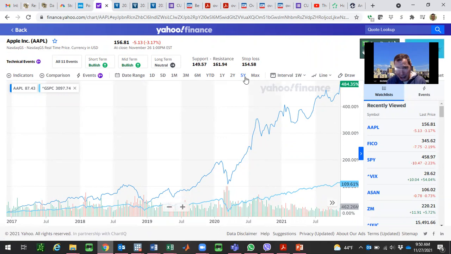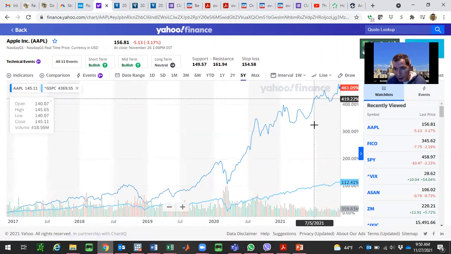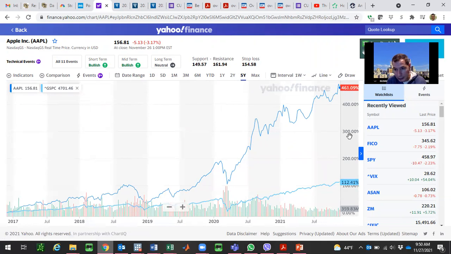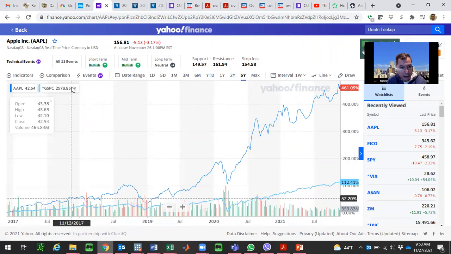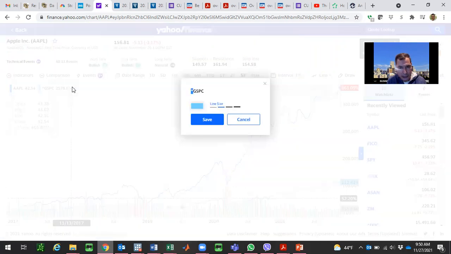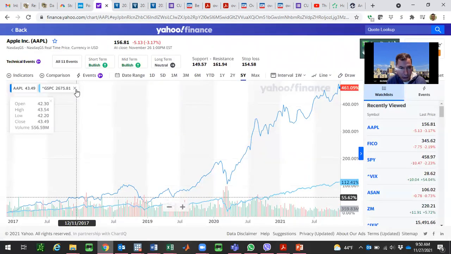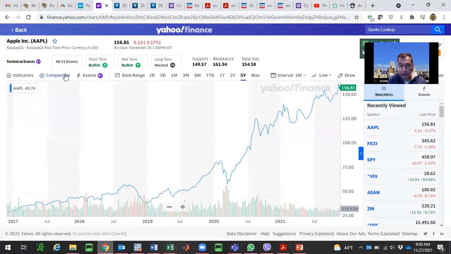But let me show you something here. Apple's performance in the past 5 years. When I analyze an international company, first I want to do the eye test to see what the company is doing. In the 5 years, it did 156%.